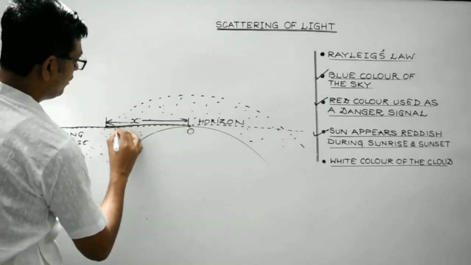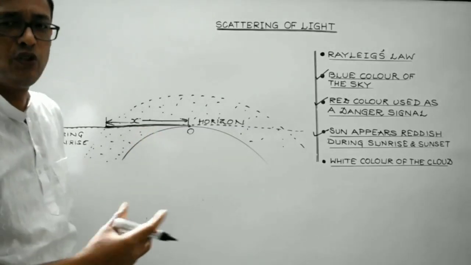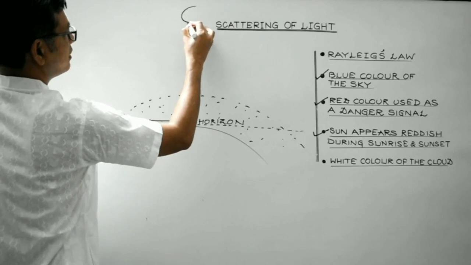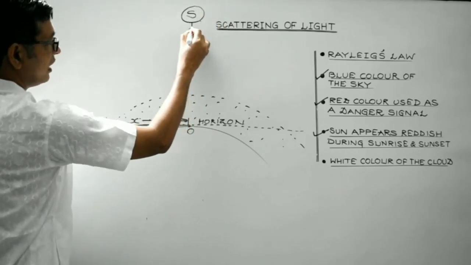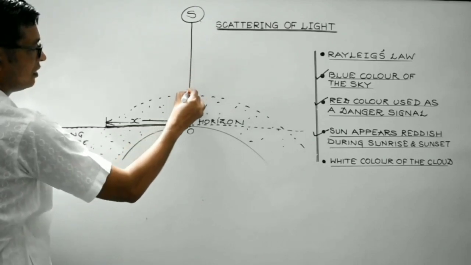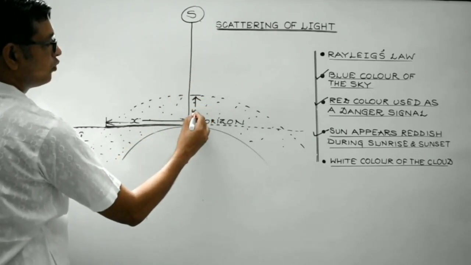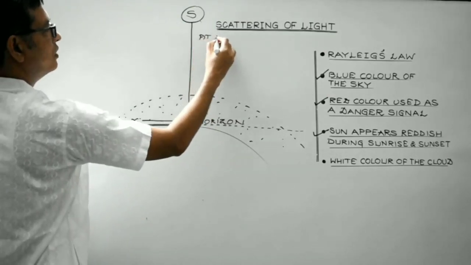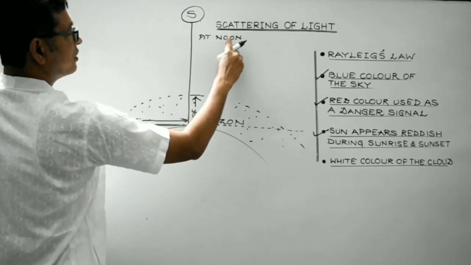Okay, now imagine the sun to be at the overhead position during noon. In such case, the light coming from the sun would travel, say, distance y through the Earth's atmosphere, right? This is at noon, when the sun will be at the overhead position.